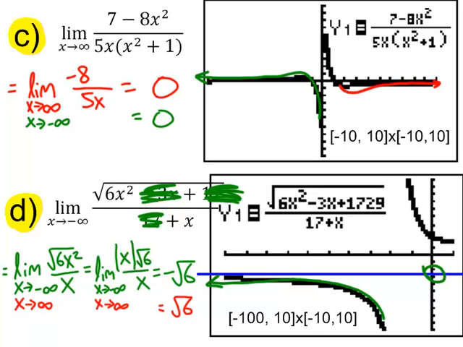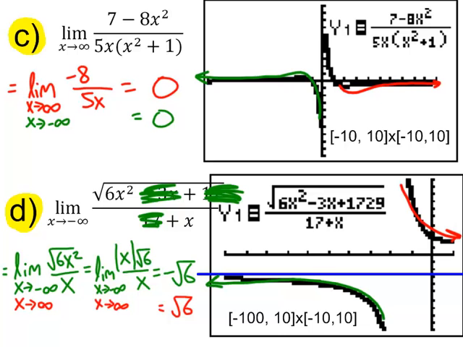Again, root 6 is about 2.4 something. And even though I cut off the graph here, we could imagine that as we go to the right, it is leveling out at positive root 6. And I should point out, just in case you're checking on your calculator and are puzzled, notice that my scaling is a little different than it was previously, that I have my x-min going from negative 100 to positive 10.